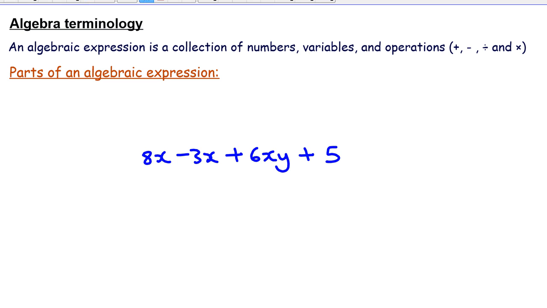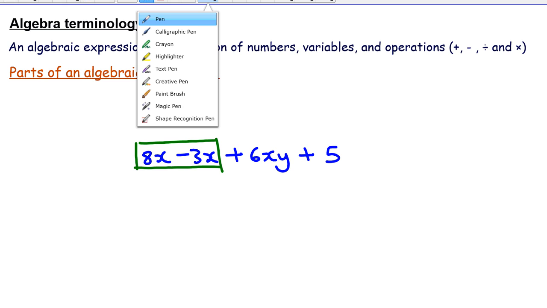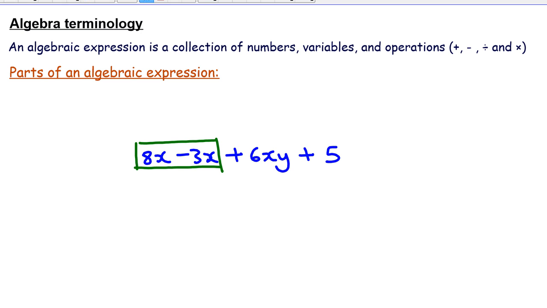Before I go to the whole expression, look at these two here, 8x and 3x. We have a special name for them, and we call them like terms, because you can simplify them.